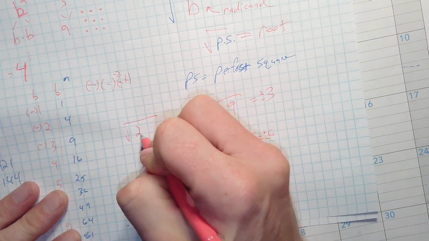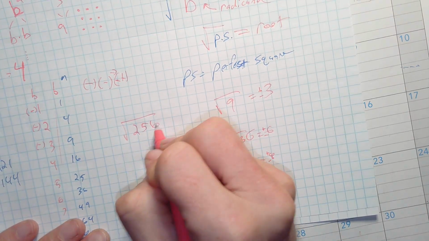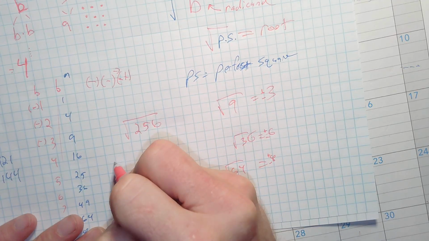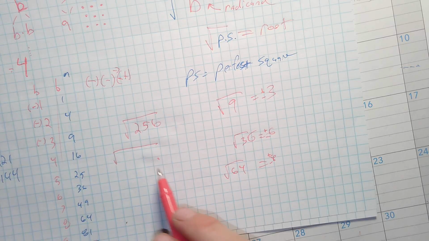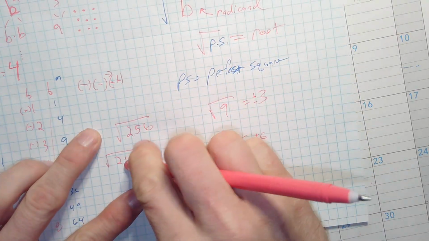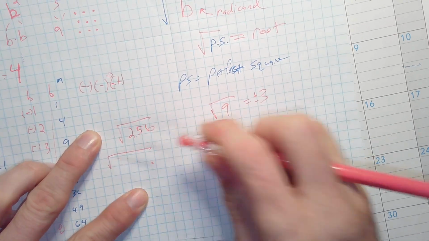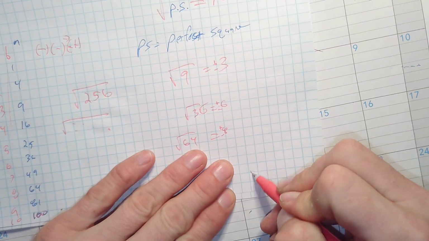Square root of 256, and you're like, oh man, I don't know what that is. Well, you can start breaking this down into factors. I know that's divisible by 2, because it's an even number. Let's do 256 divided by 2.